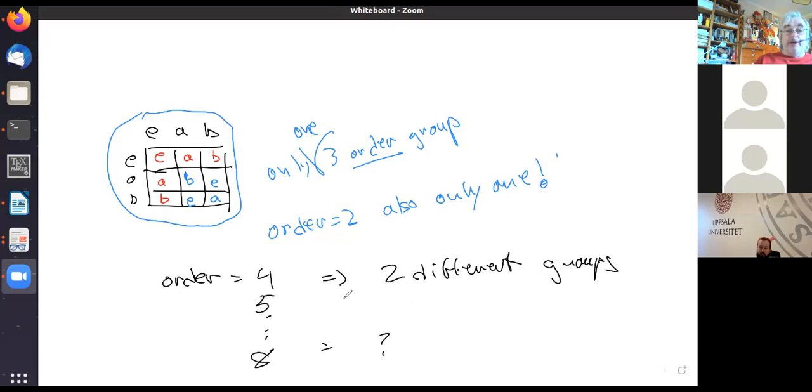For order 5, by the way, there is only one. 5 is by accident a prime number. Not accident, but it could have some relation to the number of different group structures, if the order is a prime number or not. But well, 4 is not a prime number. 5, 7, 5 is not a very common order in crystallography.